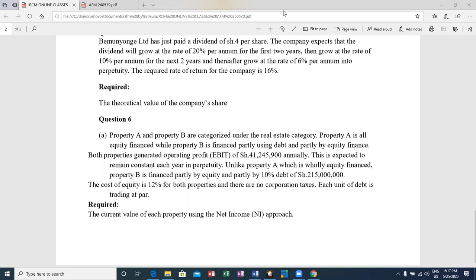Help me get the value of equity for property B.